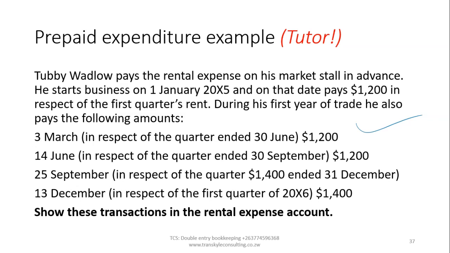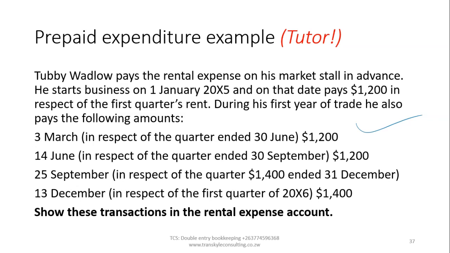This was in respect of the quarter ended 30 June, and then in June he paid for the quarter ending 30 September, and in September paid for the quarter ended 31st December. Then on 13 December he paid in respect of the first quarter of 2006, 1,400.